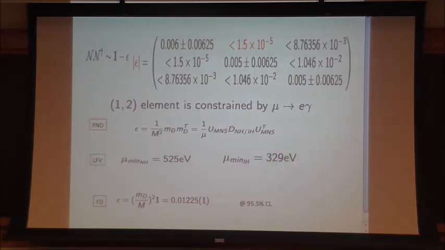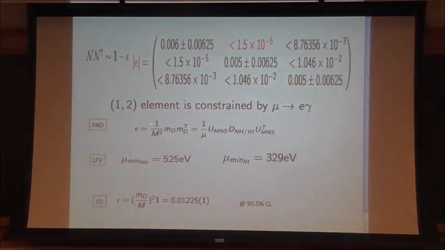So our N dagger is a non-unitarity matrix, and it has been shifted from the diagonal 1, and here this 1-2 component is a severely constrained parameter from mu to E gamma.